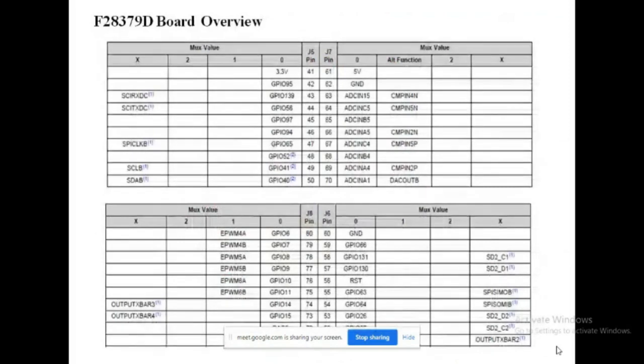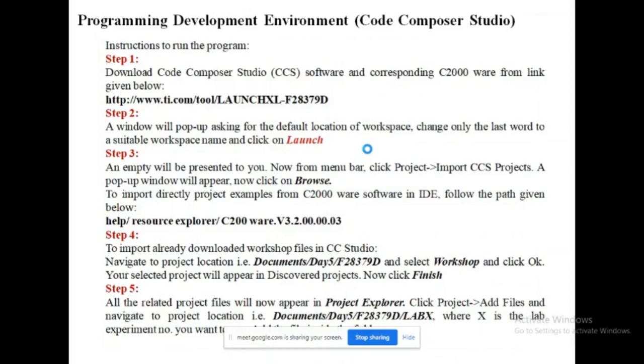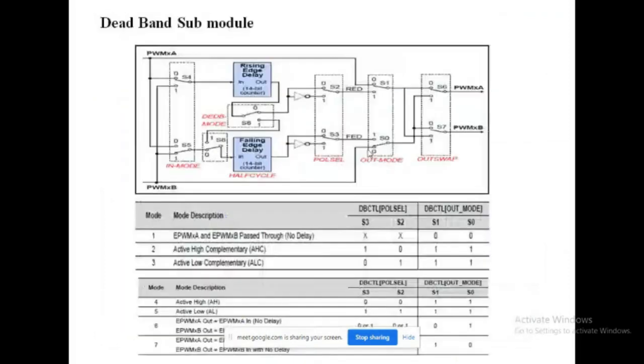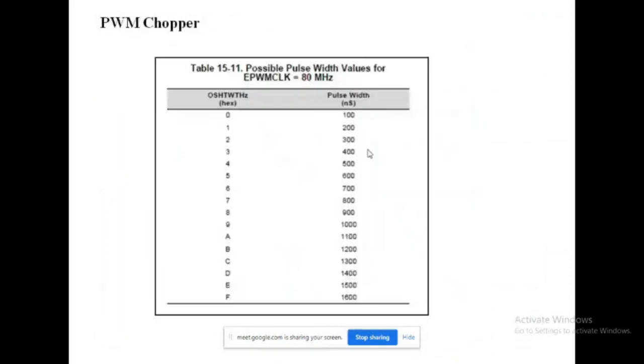From here you can see certain ADC input pins, J7, 60, 70, 65, assigned as ADC input A5, A4, A1. So you have to select from these. I have told you already yesterday how to select this.